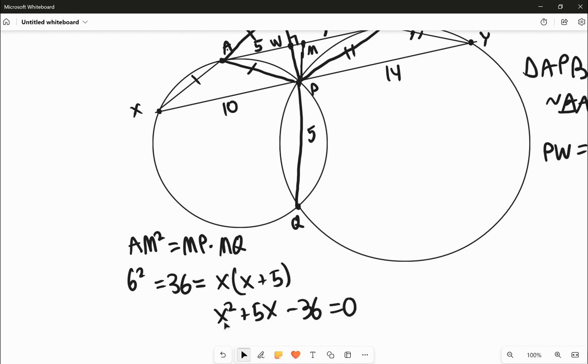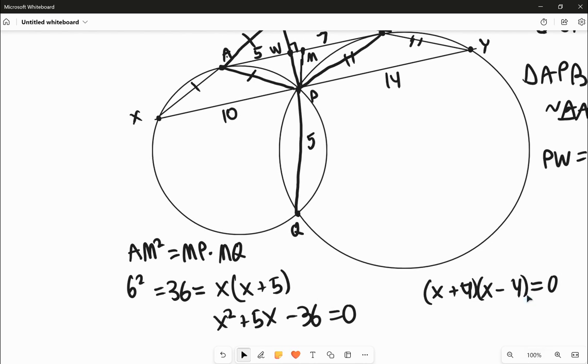And this is an easy quadratic that we can solve. We can factor it as x plus 9 times x minus 4 is equal to 0. And one of the factors must be 0, so x equals 4, as obviously we cannot have negative lengths.